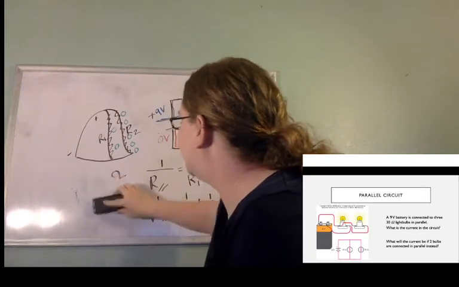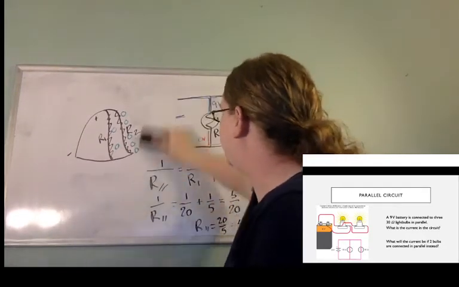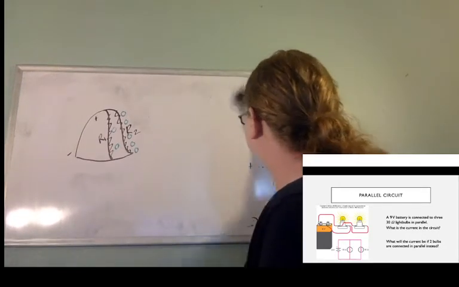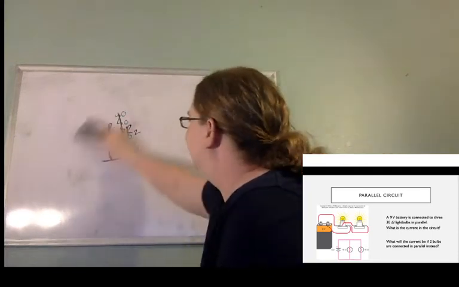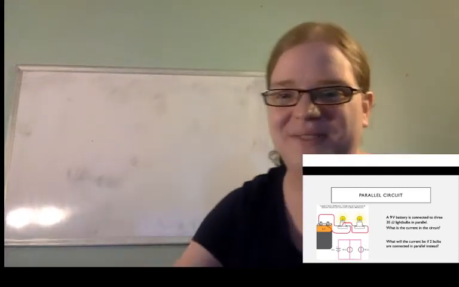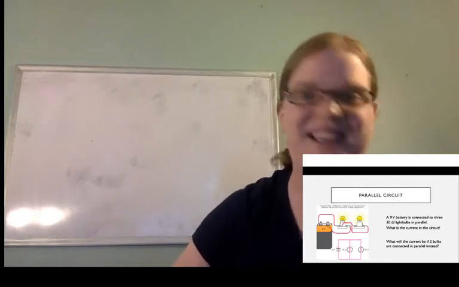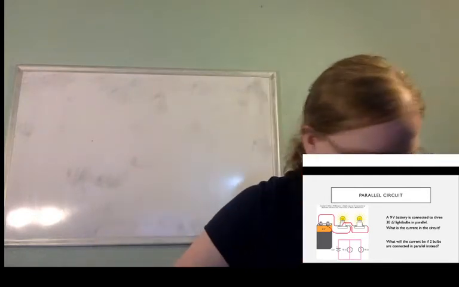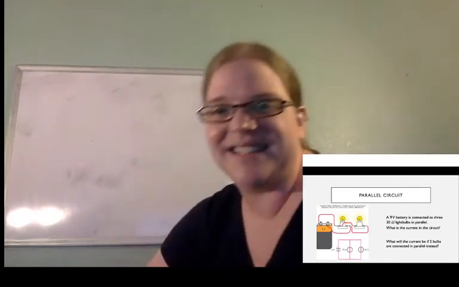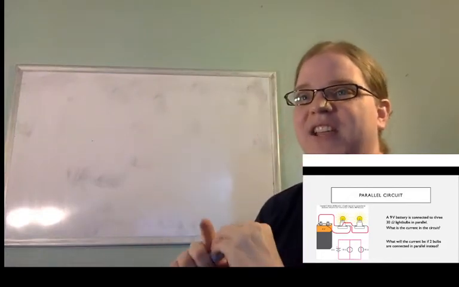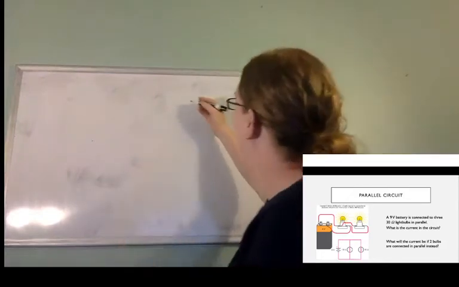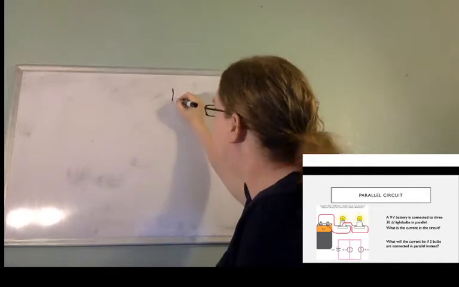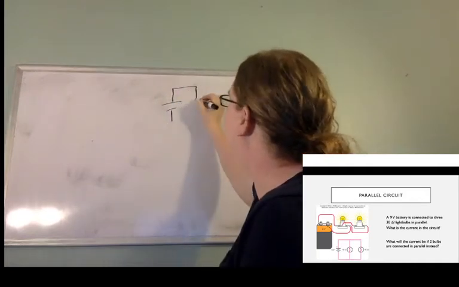All right, so for the first one here, thank you guys for appreciating this. We've got the 9-volt battery connected to three 30 ohm resistors in parallel. Here's my battery.